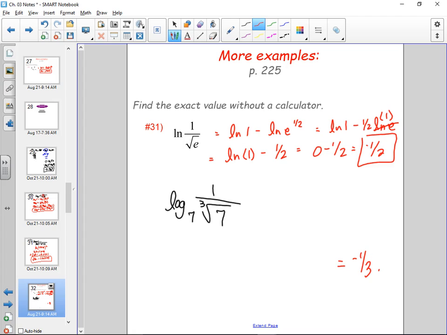Cube root of 1. There you go. Because it's to the 1/3 and it's in the denominator, which we can write as a negative 1/3 power because it's down in the denominator, and I can say, okay, yeah, that just cancels to negative 1/3.